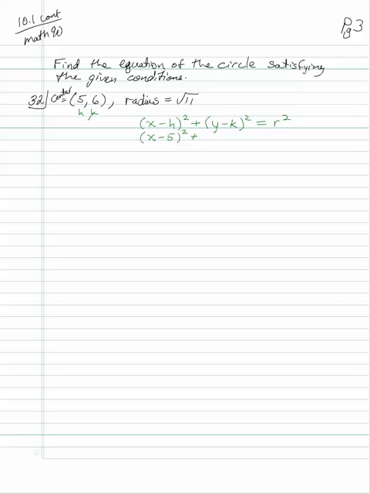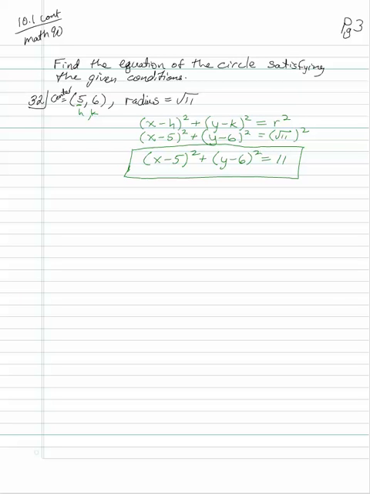Now notice, it's minus 5 and the center was 5, just like we did with the parabolas before. It's the opposite. So it'll be y minus 6, same thing, equals the square root of 11 squared, and then we just simplify the square root of 11 squared, which is just 11. So that's your equation.